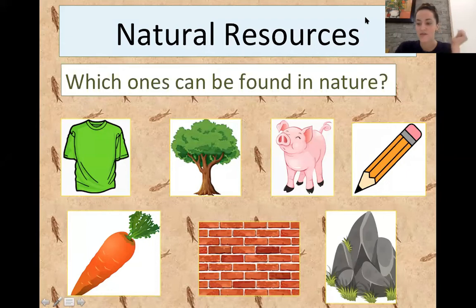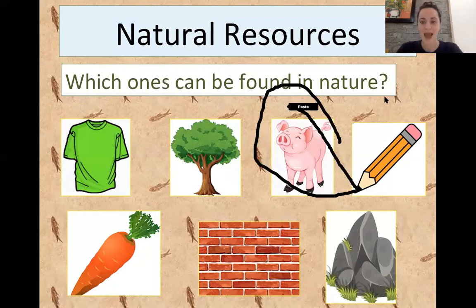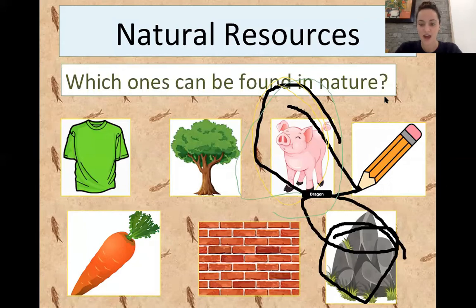So everyone get ready to draw again and circle which ones are natural resources. Go ahead and draw. Which ones are natural resources? Circle them. Good, Pasta, nice. Tiger, good job.